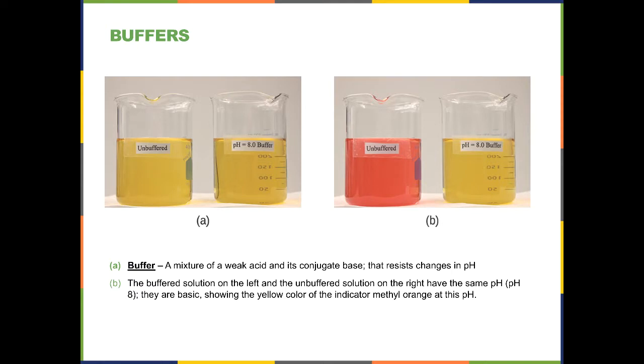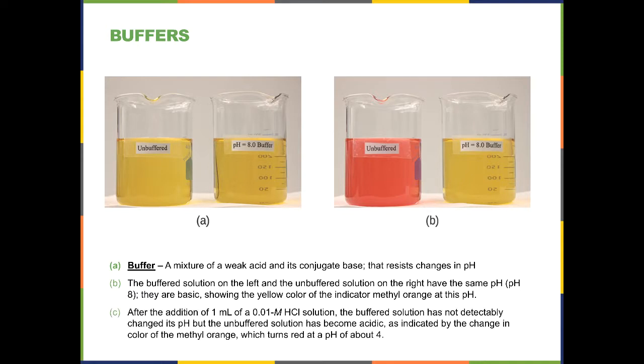So if you take picture A, you have one unbuffered on the left and a buffered solution on the right, and you add the same amount of a substance to change the pH. It has an indicator, methyl orange, that indicates the pH being 8. Now in picture B, you've added only 1 milliliter of a strong acid, 0.1 molar hydrochloric acid.